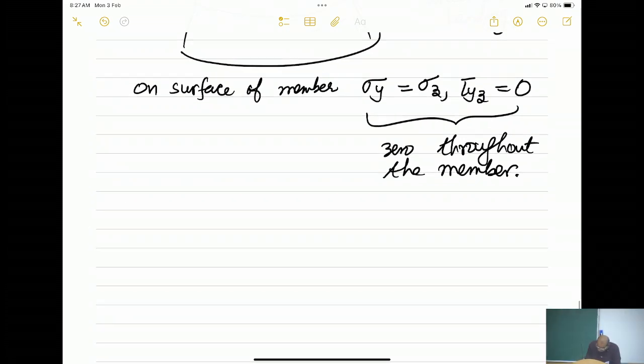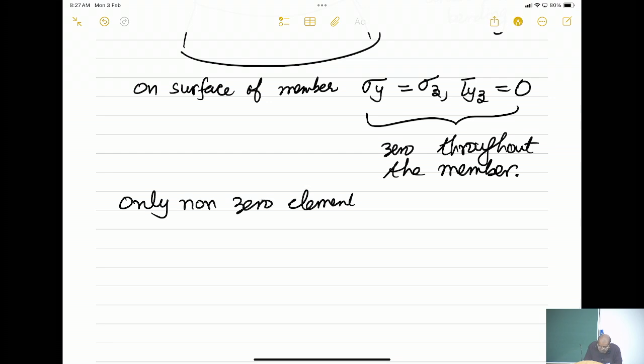So the only non-zero element of stress in these bars is sigma x.